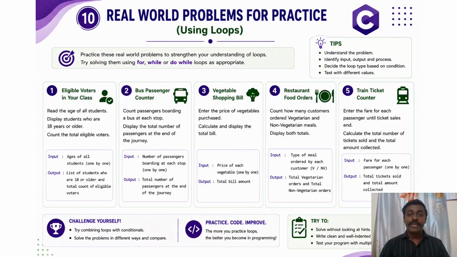And the vegetable shopping bill: enter the prices of the vegetables purchased, and calculate and display the total bill. Restaurant food orders: how many customers have come, how many ordered vegetarian food, how many ordered non-vegetarian meals, and what the total bill is.